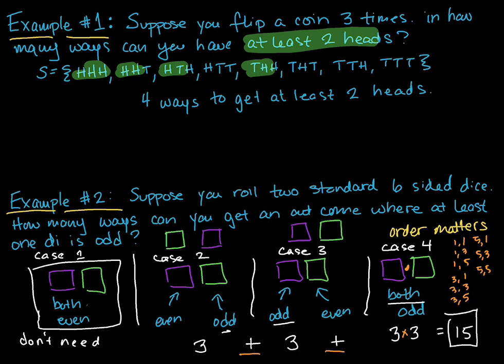So that is 9. Multiplying, I have 3 choices here and 3 choices here. That's like using the FCP in there.